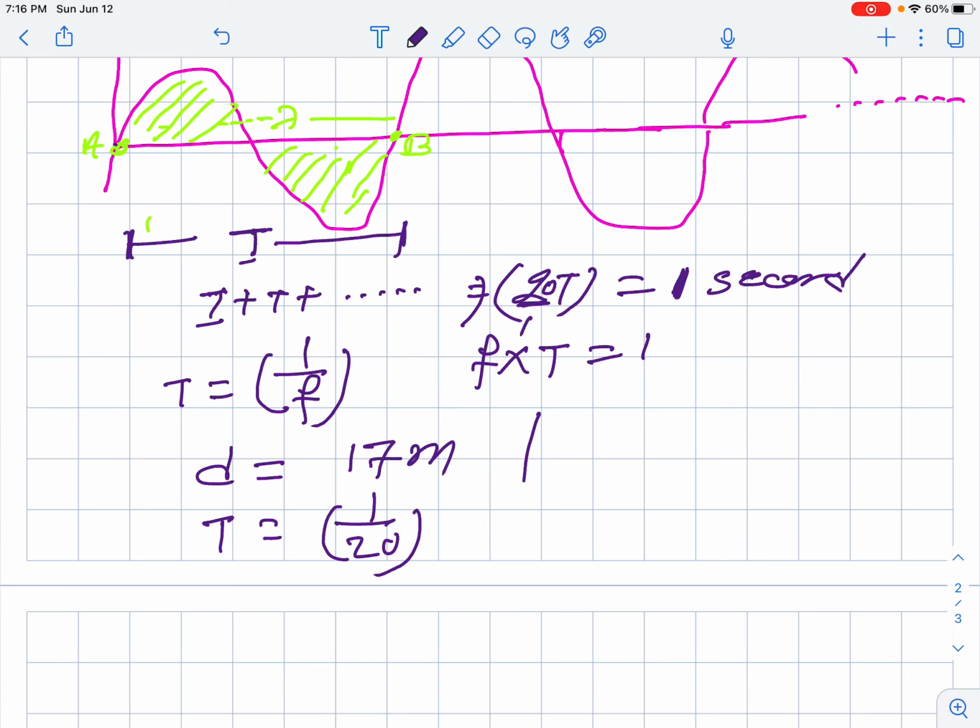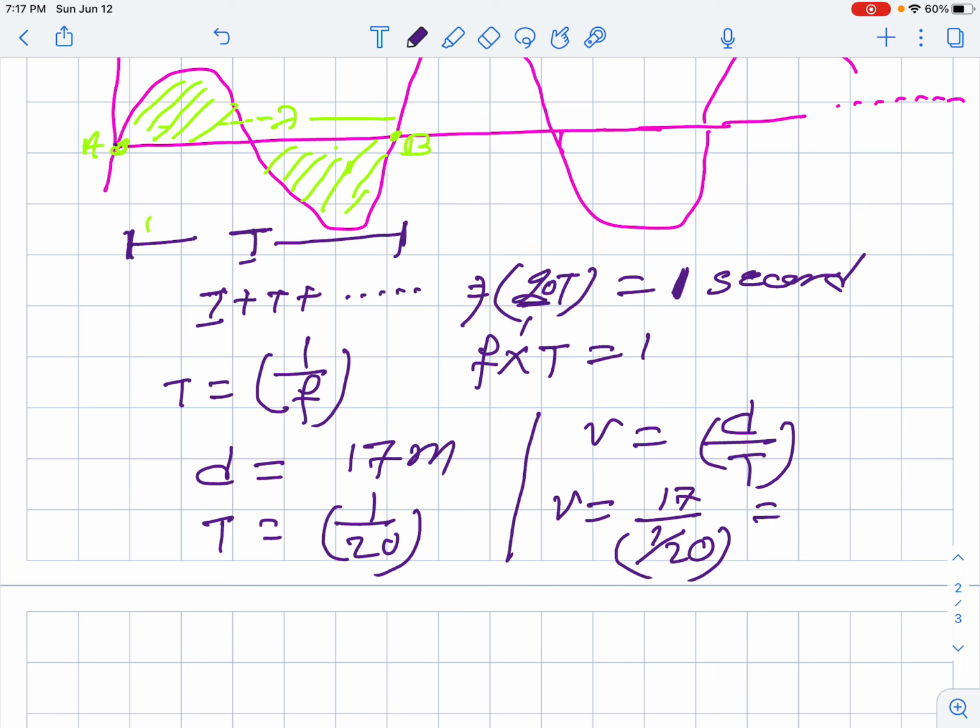And the velocity is how much? V equals distance upon time. What is the distance? 17 divided by 1 over 20, which equals 17 multiplied by 20.